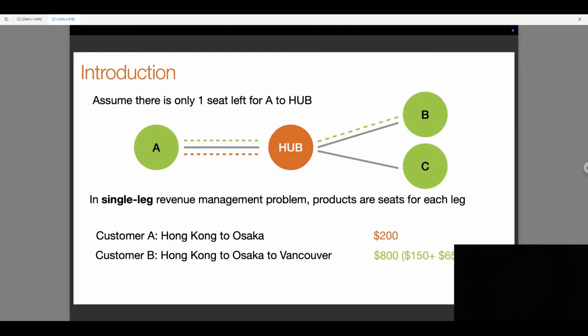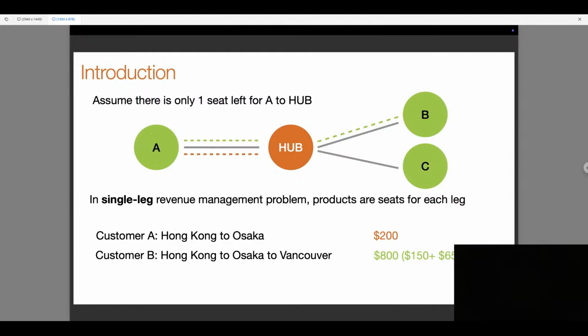We will see that the price for Hong Kong to Osaka in this flight equals $115, and it equals $815 for the Osaka to Vancouver.